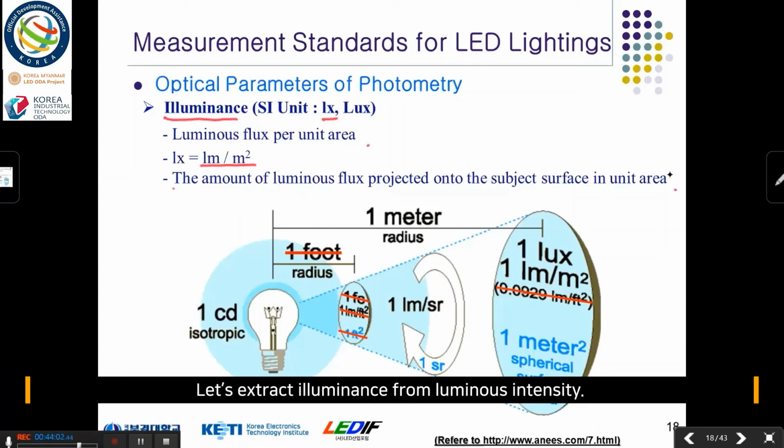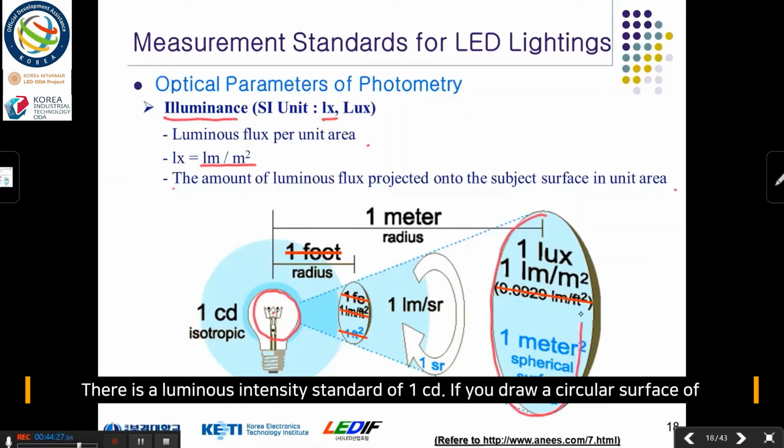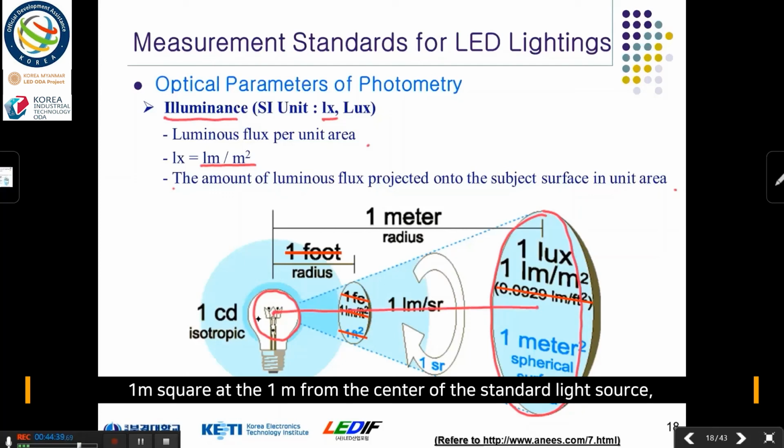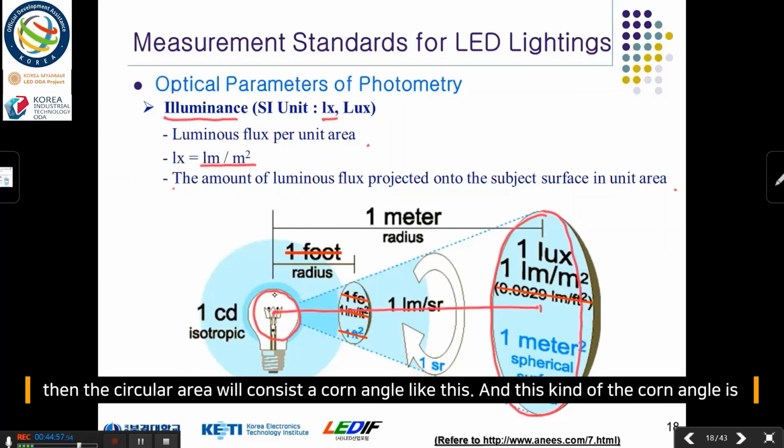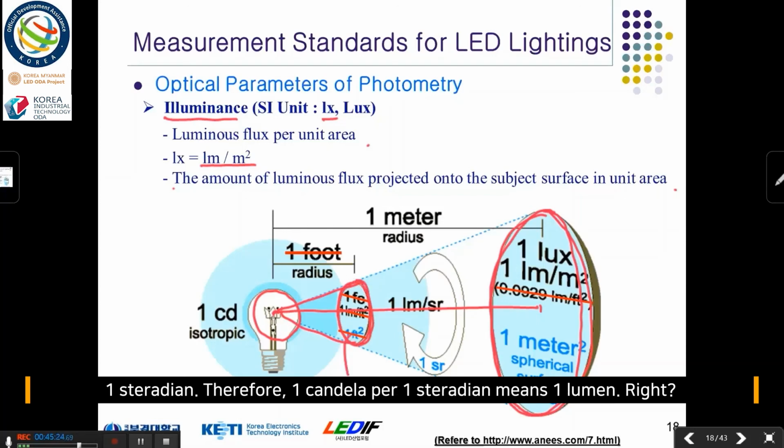Let's derive illuminance from luminous intensity. There is a luminous intensity standard of 1 candela. If you draw a circular surface of 1 meter square at 1 meter from the center of the standard light source, then the circular area will form a cone angle like this, and this cone angle is 1 steradian.